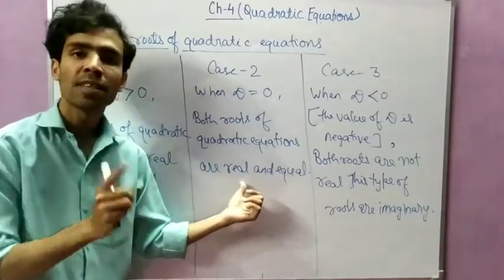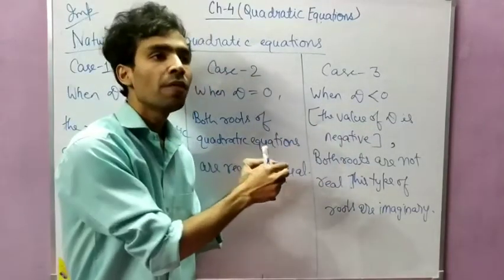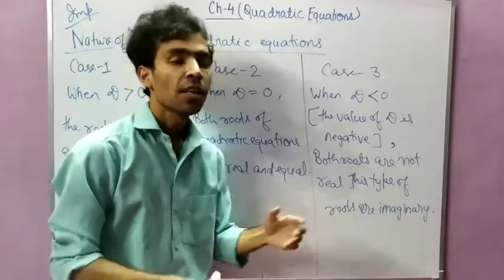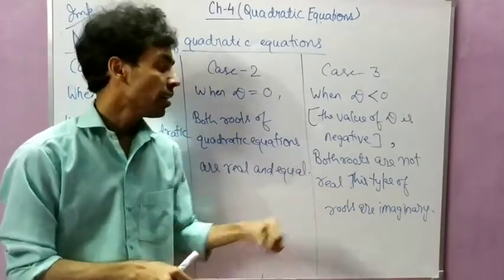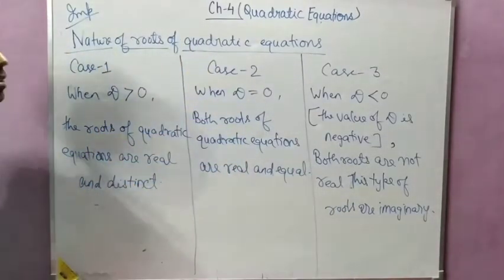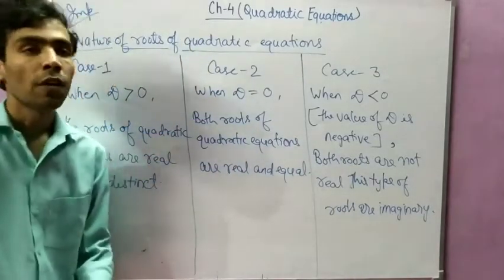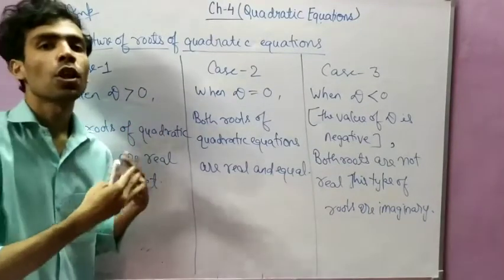Okay, both value will be same. And third case, when D is less than 0 means the value of D is negative. So in this case, we will not get any real roots. In this case, we will get imaginary roots. So if you remember these three cases, you can easily solve this type of question, means question based on nature of roots.